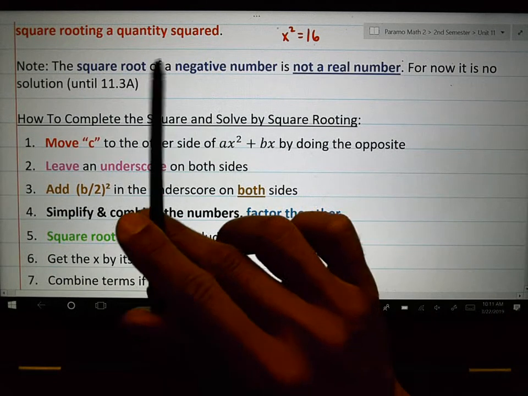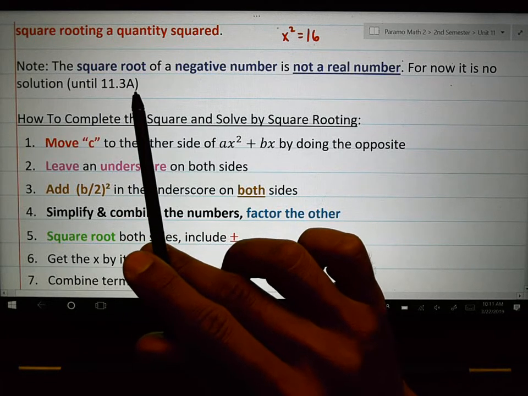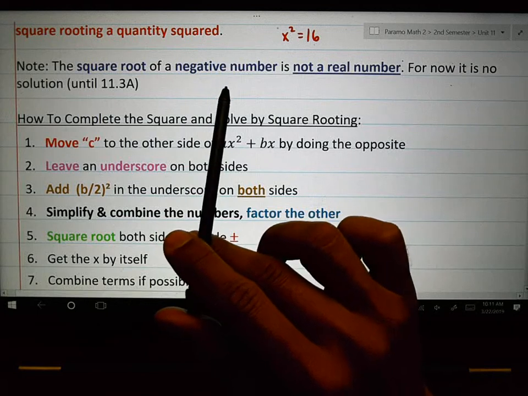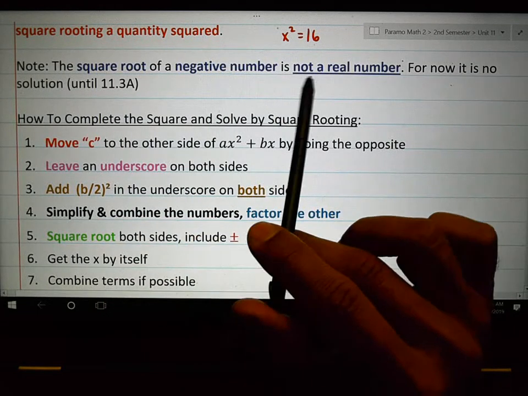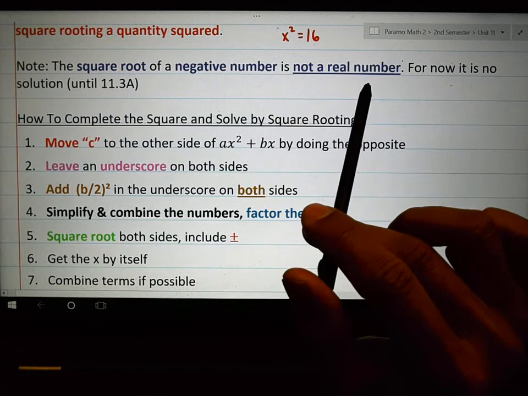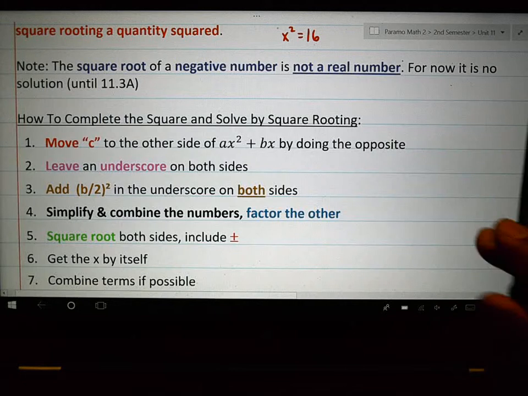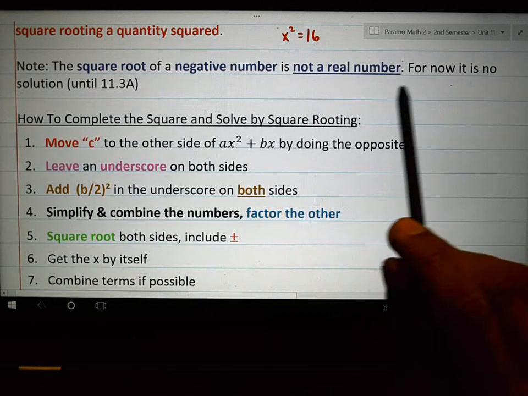Lastly, there are going to be three questions on this worksheet where you're square rooting a negative number. If you square root a negative number, that is not a real number. For now, we're going to write that it's no solution, or there are no zeros or no x-intercepts.